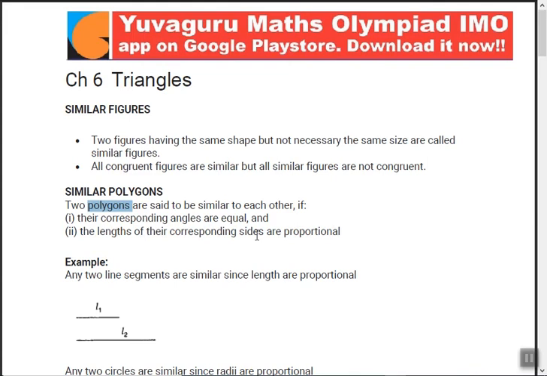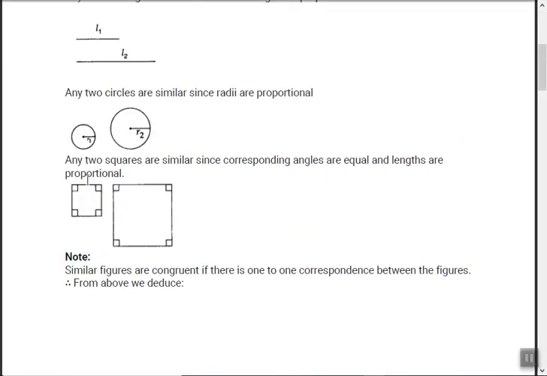And the lengths of the corresponding sides are proportional. Proportional means they should be in the same ratio in both the figures. Like this: if this is 1:2, then this should also be 1:2, this should also be 1:2, and the last one should also be 1:2. That is the meaning of proportional.